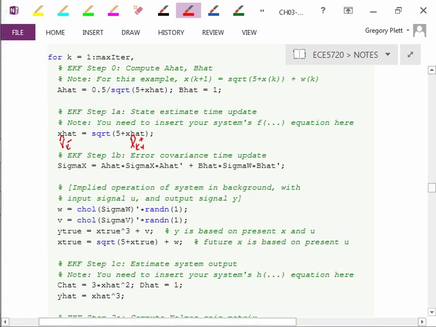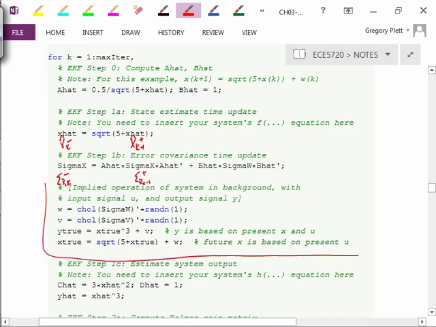Step 1b, I simply implement the equation that's given. It's sigma x equals A sigma x A transpose plus B sigma w B transpose using the hat matrices, where this here is sigma tilde x k minus 1 plus, and this is sigma tilde x k minus.